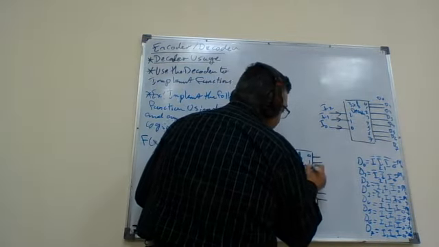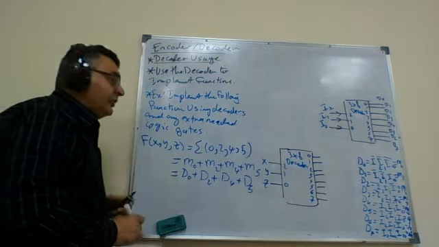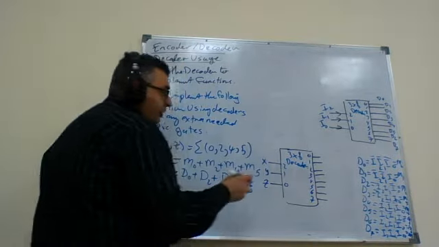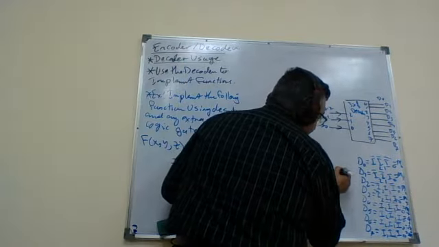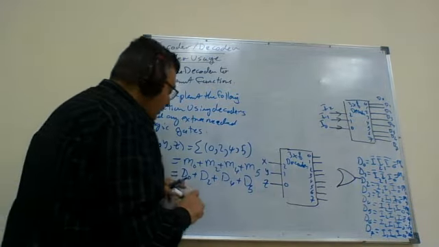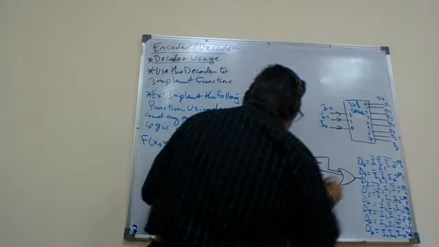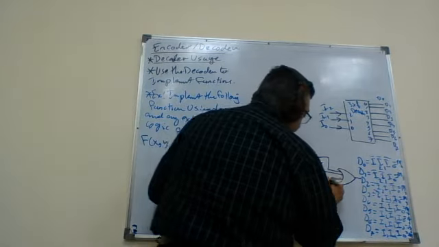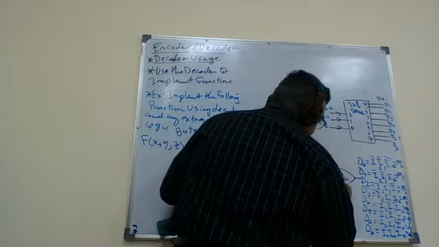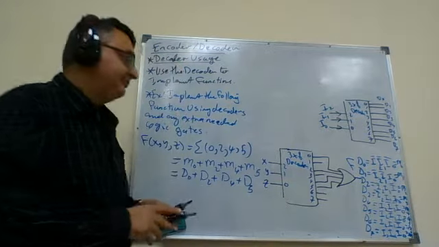The outputs of the decoder are the min terms of X, Y, and Z. So if I use an OR gate connected to D0, D2, D4, and D5, the output will simply be the function F.